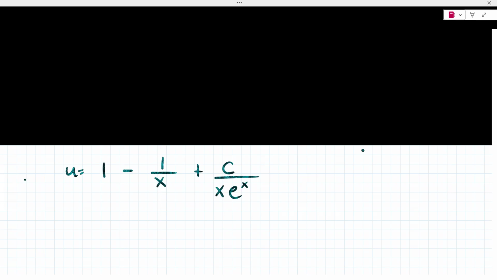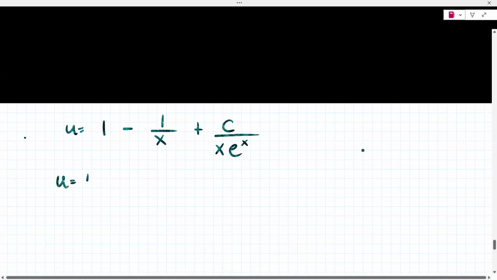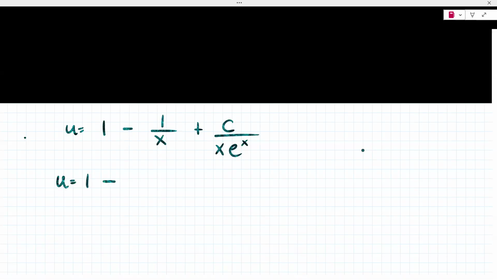What could we do? Let's rewrite, let's not make it as a fraction. Let's rewrite this as u equals 1 minus 1 over x, which is the same thing as x to the negative 1, plus c, and 1 over e to the x is the same thing as e to the negative x.